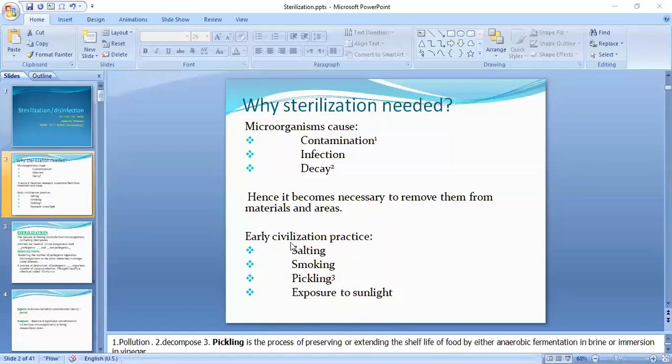Salting is the usage of sodium chloride, that is known as the common salt. This is used as a procedure in order to preserve the food, to avert the contamination.